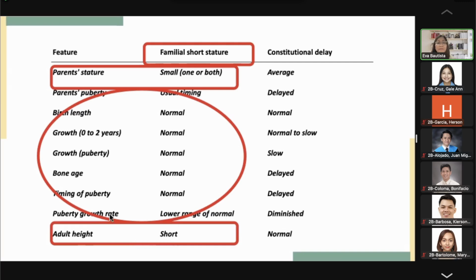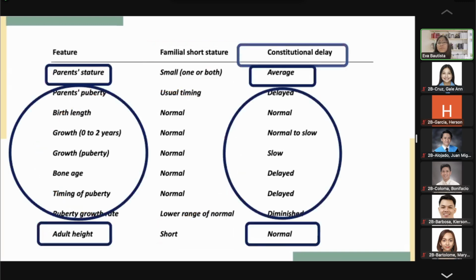The pubertal growth rate is pulsatile but lower range of normal, and this is familial. Everything is normal except during the pubertal growth rate. It slows down. Hence, they get a shorter height or almost the same height or a little taller than the parents.